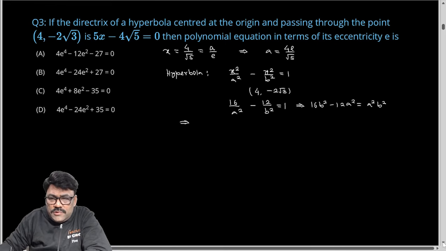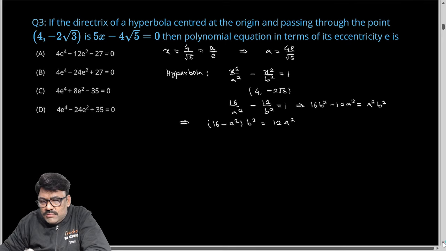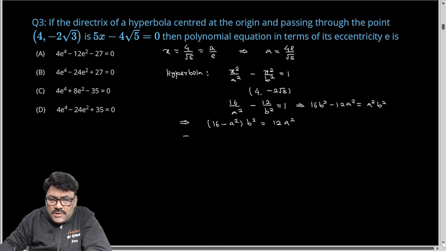Now, this can also be written as 16 − a²b²... 16 minus a²b² is 12a². Now in a hyperbola, b² can be written as a²(e² − 1).